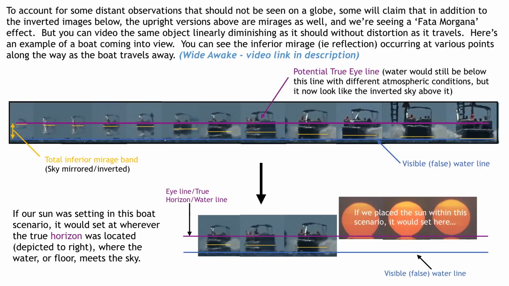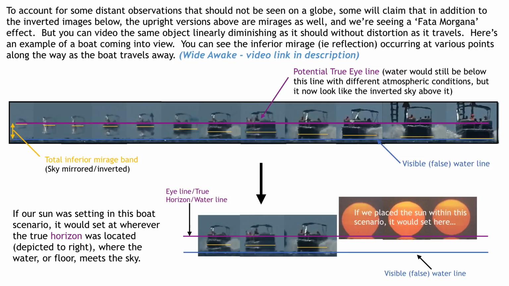travels away. So I've outlined the purple horizon line, or the potential true eye line. Again, the water would still be below this line with different atmospheric conditions, but it now looks like the inverted sky above as a mirror. And then the yellow line represents where the inversion is taking place as this boat is traveling further away within that water.